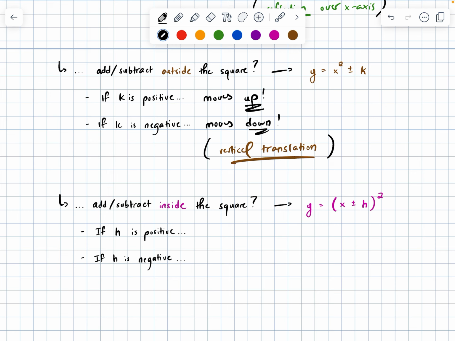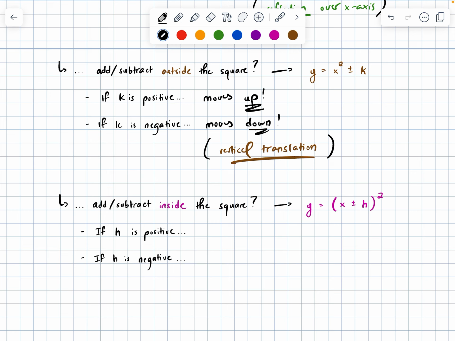If I add or subtract inside of the square, though, instead of moving me up and down, we saw it move me left and right, and weirdly enough, it did the opposite of what we expect. Usually, adding something would move you to the right on the number line, but the way that we described it is we're actually counterbalancing the addition or subtraction.